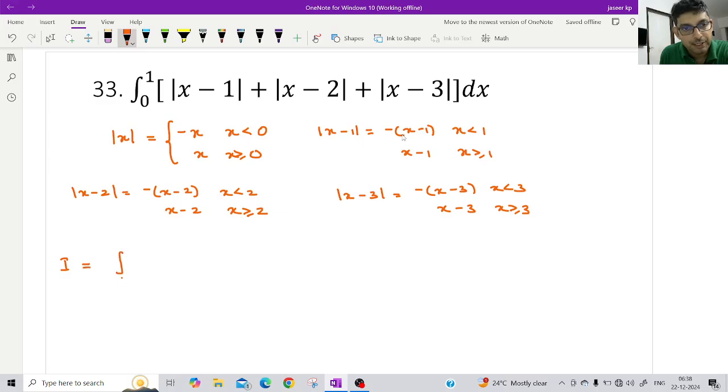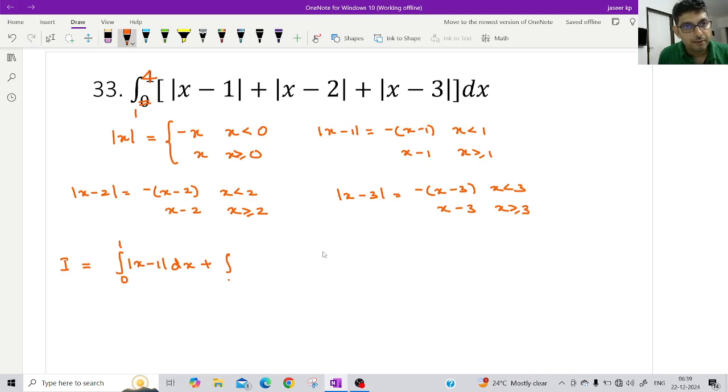So one by one we can write, actually the limit is 1 to 4. So 1 to 4 is the limit.